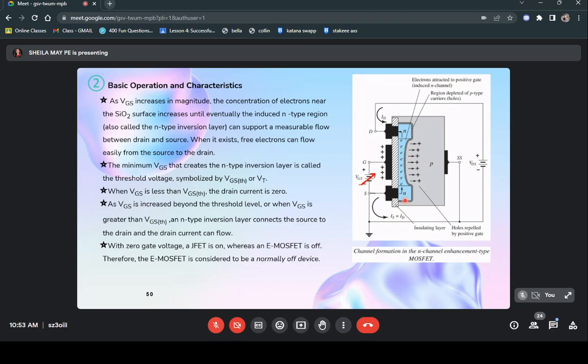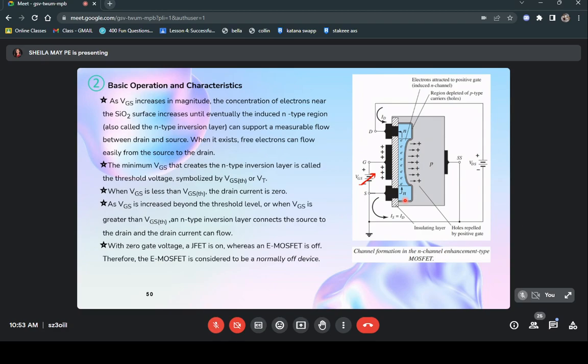Now, with zero gate voltage, a JFET is on, whereas an E-MOSFET is off. Therefore, the E-MOSFET is considered a normally off device. It is off because there is no channel existing.